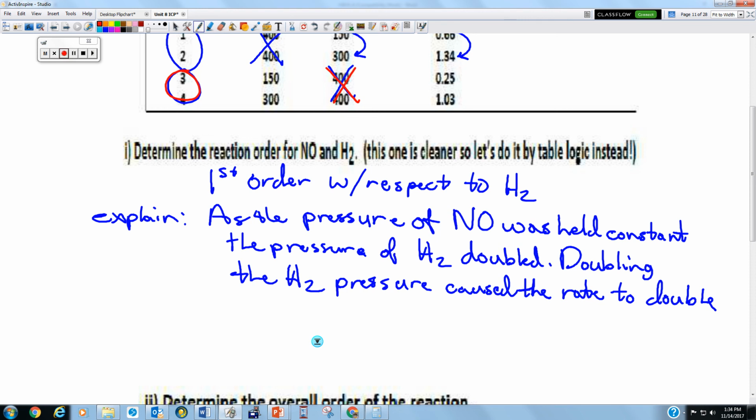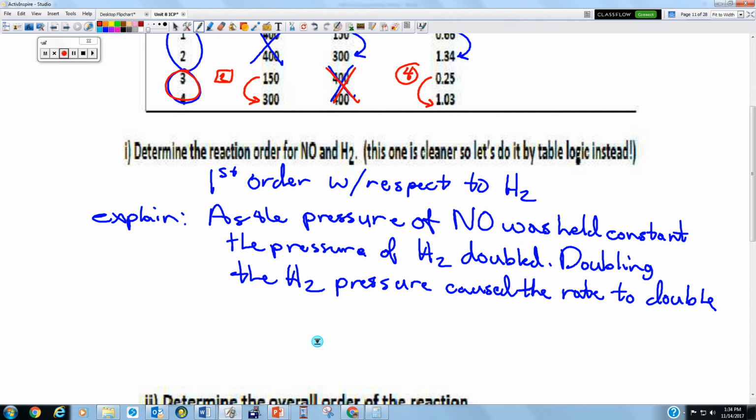So what is the difference from here to here? All right, so it doubles. And then what's actually happening here? It is quadrupling. So what is our overall order? 2.